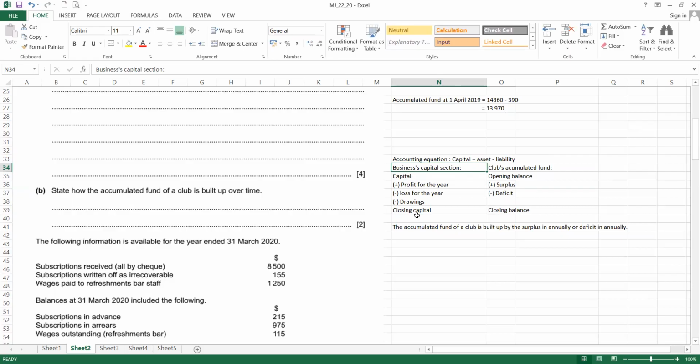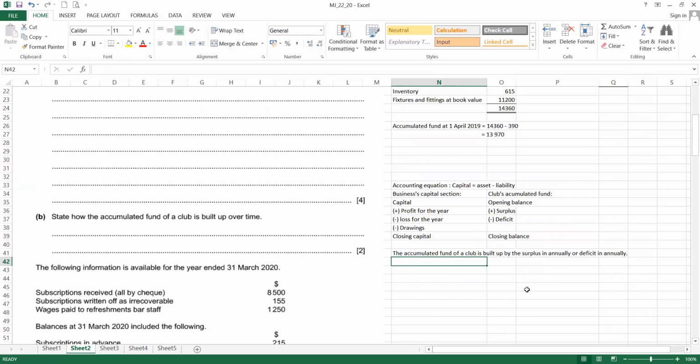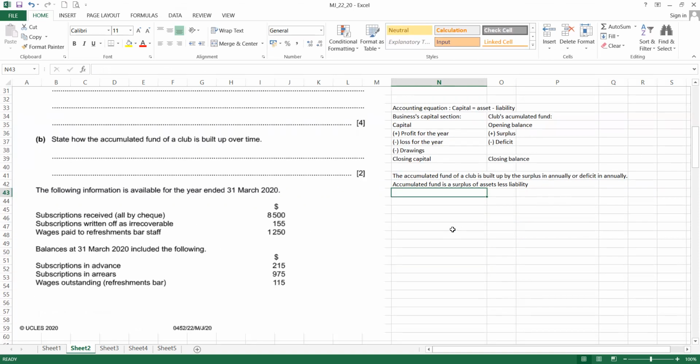We get the increase of the capital if the assets at year end minus liabilities, which is what we have here, assets minus liabilities. So another way, the accumulated fund is a surplus of assets less liabilities. So this can also be the answer for this one.